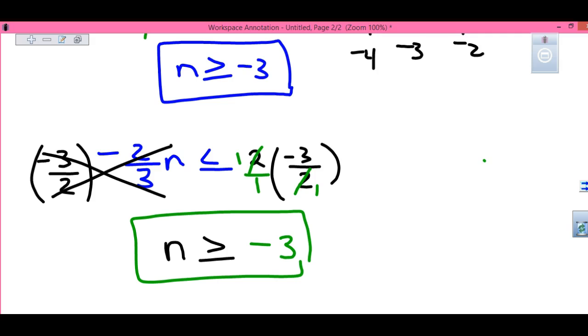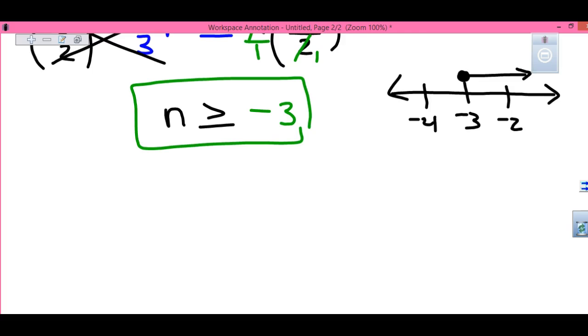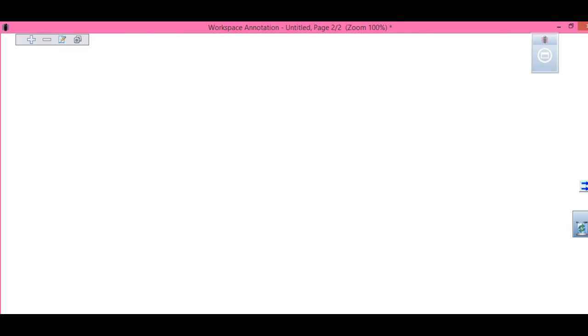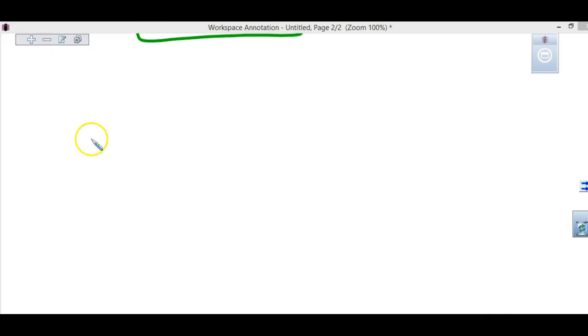What we do to one side, we do to the other. We're multiplying times the negative, that means we have to flip the sign. Can we cross cancel? Yes. So negative 10 is greater than or equal to w. Can we graph this? Yes.